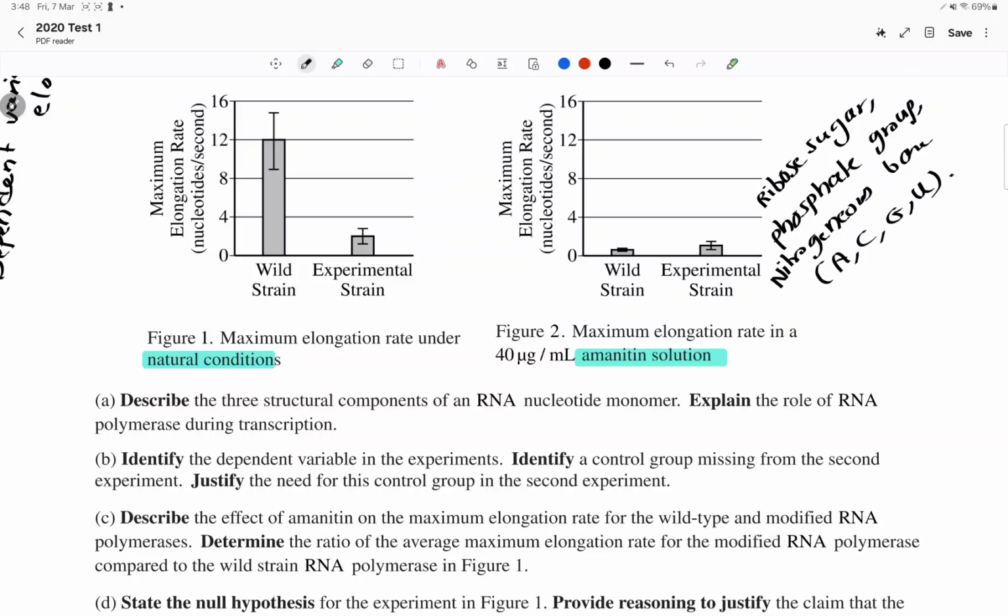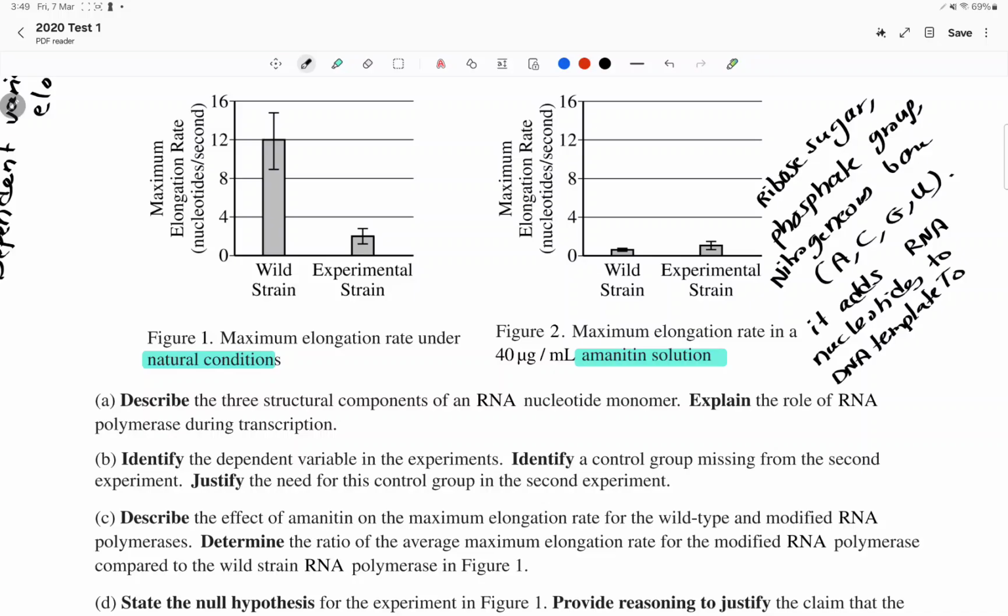Now the second part of part A says explain the role of RNA polymerase during transcription. It adds the nucleotides? Yes, it adds RNA nucleotides to the DNA template. Doesn't it just start the transcription? Well, they already said transcription.